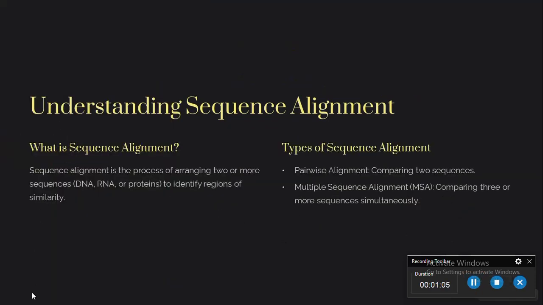Let's understand what sequence alignment is. Sequence alignment is a process of arranging two or more sequences. The sequences can be DNA, RNA, or protein, to identify regions of similarity.